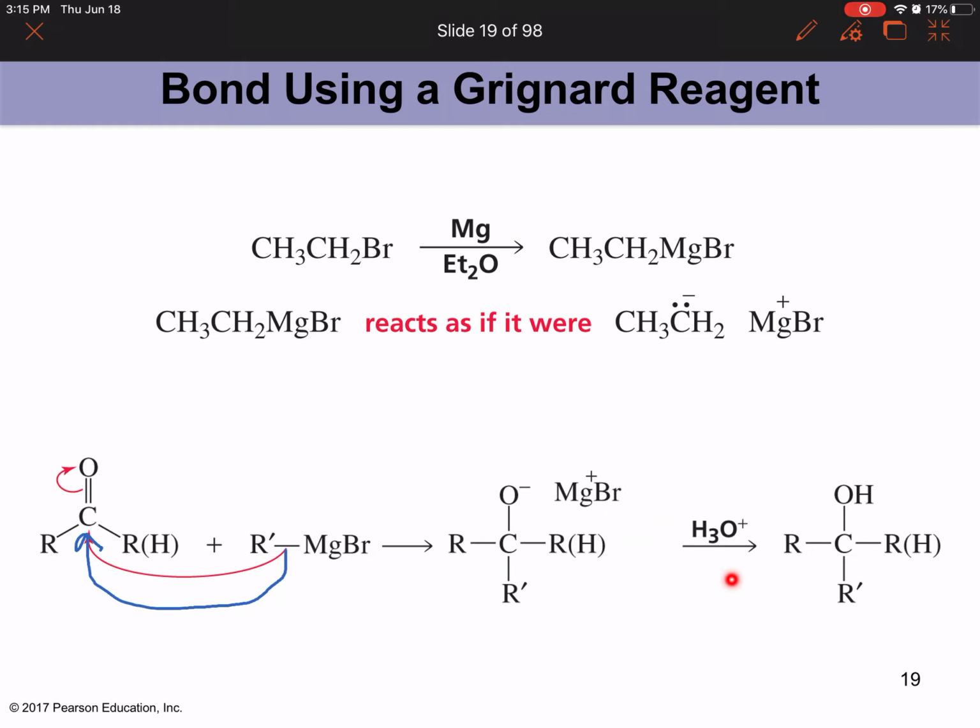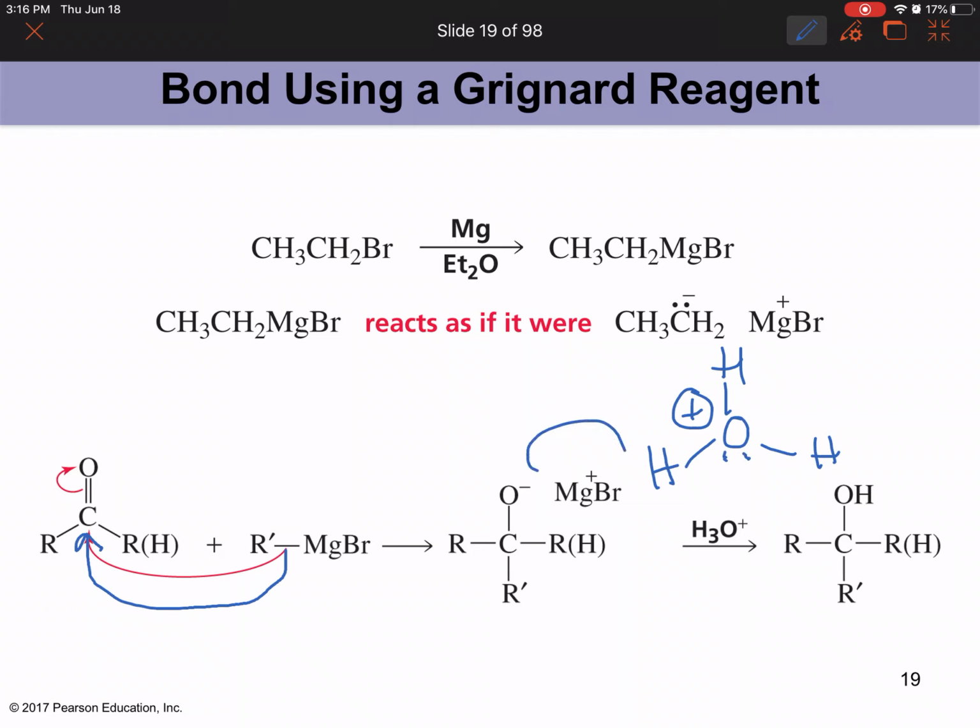Once you form this product, you add acidic water. You can add hydrochloric acid or sulfuric acid. Then this alkoxide ion grabs a proton from the hydronium ion. The hydronium ion is oxygen with a positive charge.